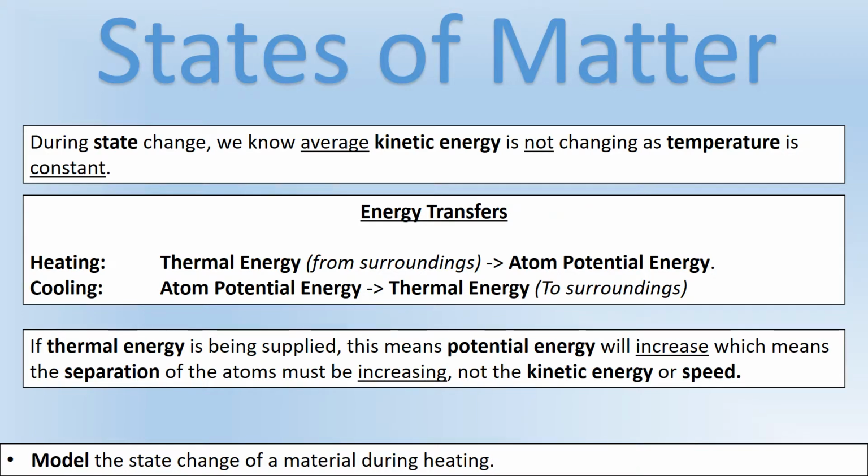Or if we're cooling a material, we are decreasing the separation of the atoms and getting work out to transfer to thermal energy to the surroundings there. So that's what's happening during a state change. So it's not kinetic energy that's changing, it's potential energy instead, which is why the temperature stays constant, because temperature is a measure of kinetic energy.